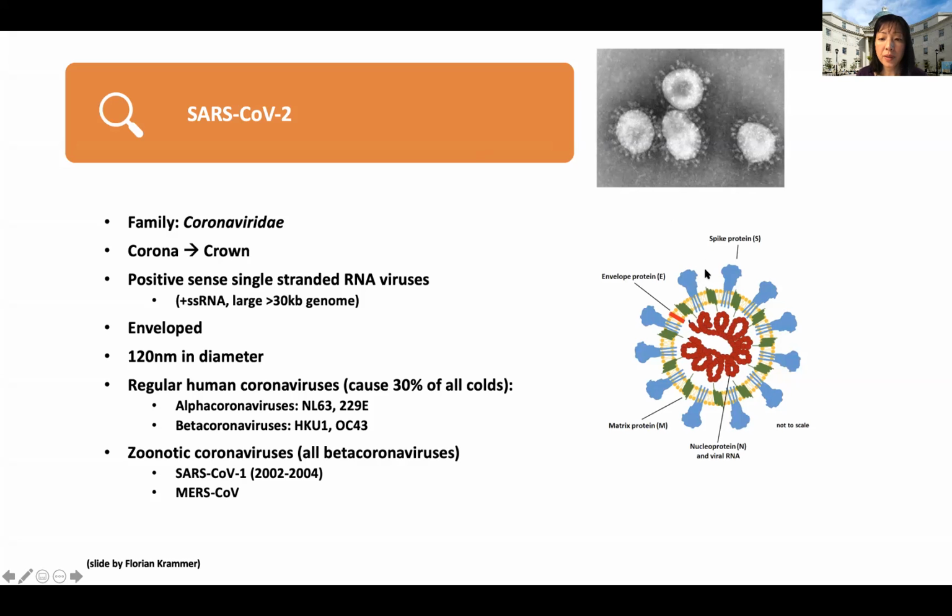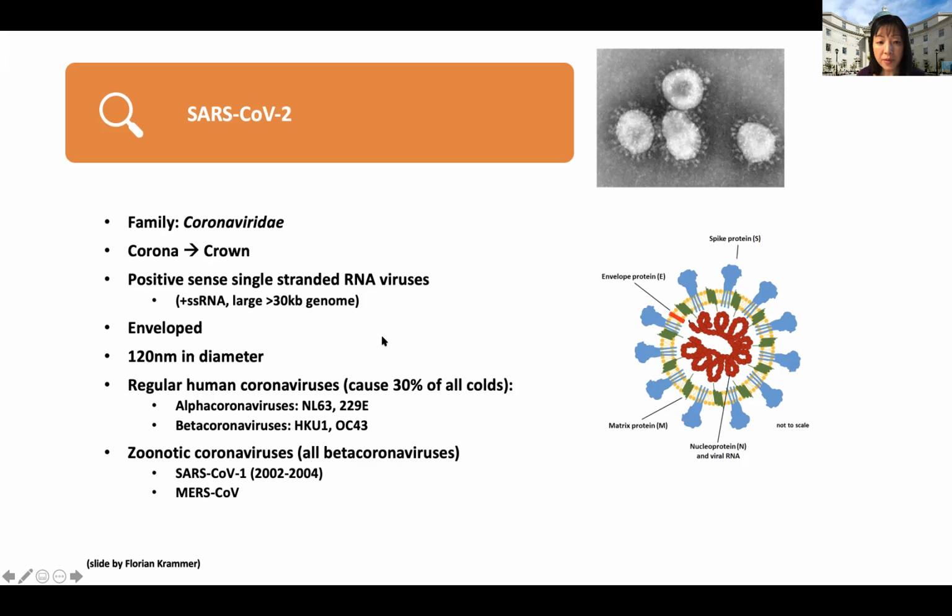This is because there are spike proteins that protrude out of the membrane of the coronaviruses that gives it its typical characteristics of this crown-like structure. And these spikes are used to bind to host receptor and enter into the host cell.